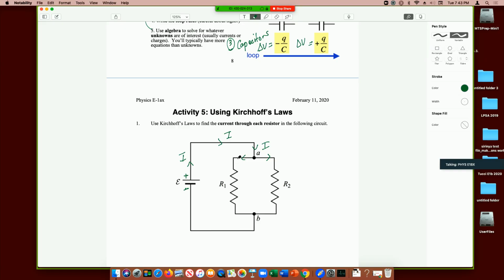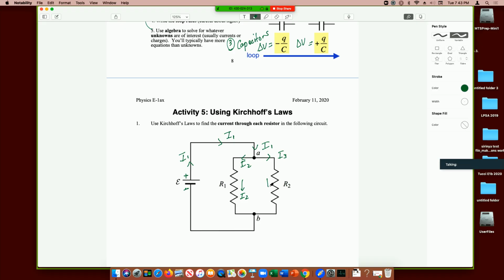So we might want to have a different label for this. We could call this I1. That's going to be I1, the same current all the way through. And then let's call this I2 and I3 over here. So this current here is I2.